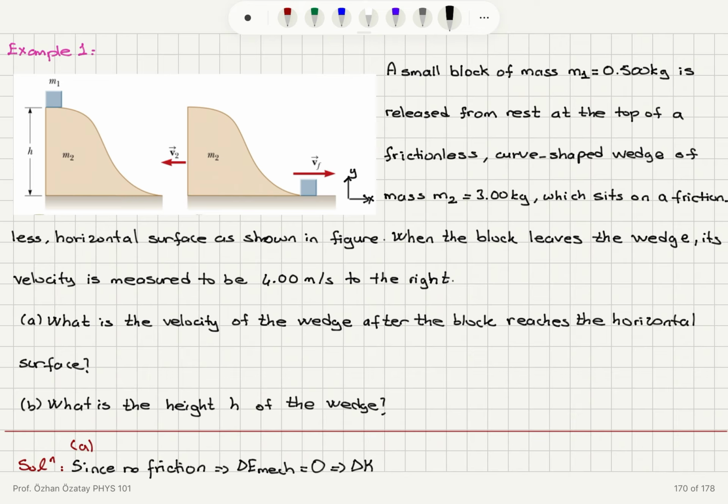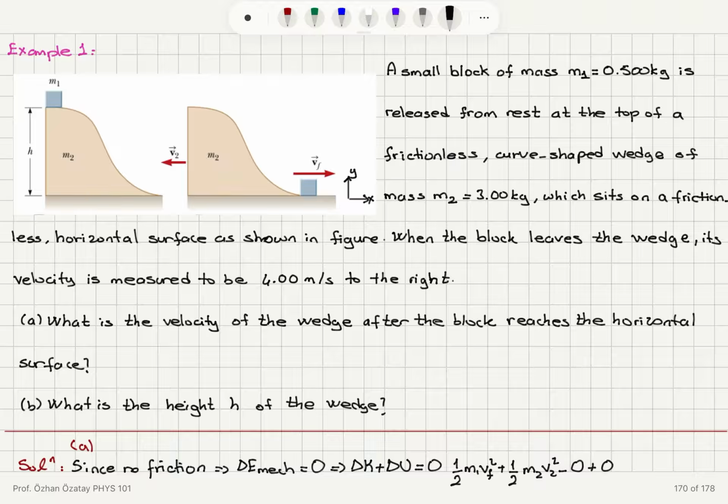So the change in the kinetic energy plus the change in the potential energy is zero. So if I write the change in the kinetic energy, 1/2 m1 v final squared plus 1/2 m2 v2 squared, final kinetic energy. Initially the wedge is at rest, plus final potential energy. We have 0 final potential energy.